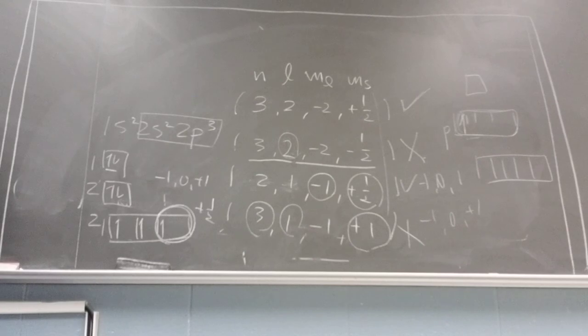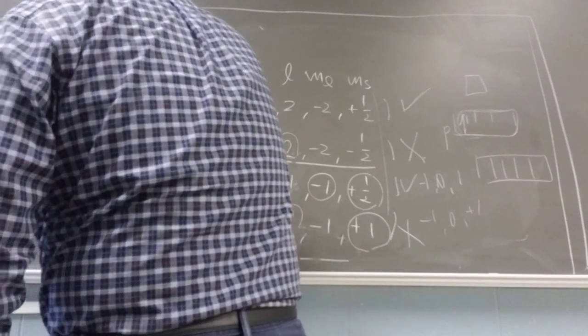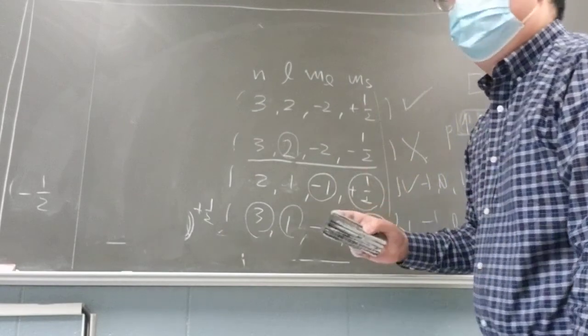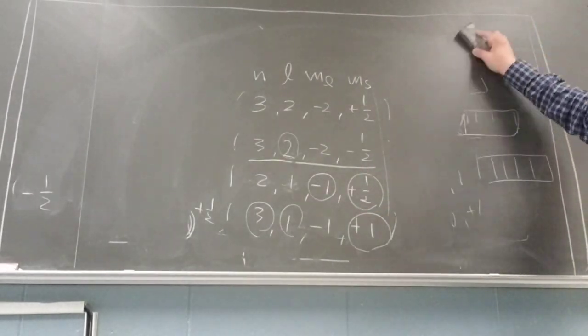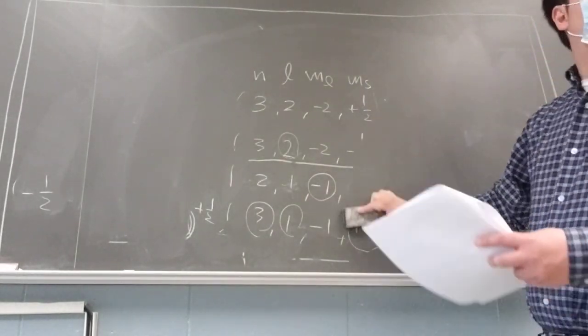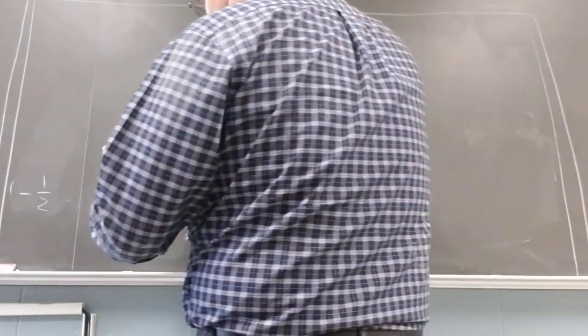If it was oxygen, the quantum number for the last electron would be -1/2. But like I promised before, I would not do that on the exam. So as long as you can do this one, you'll be just fine. All right, let's move on to the next one.